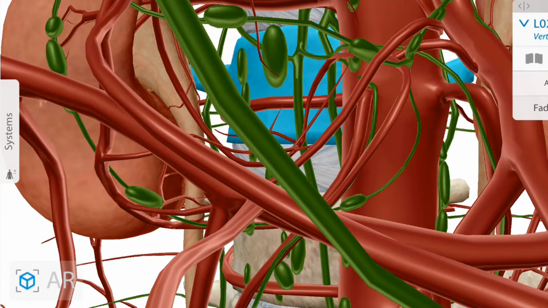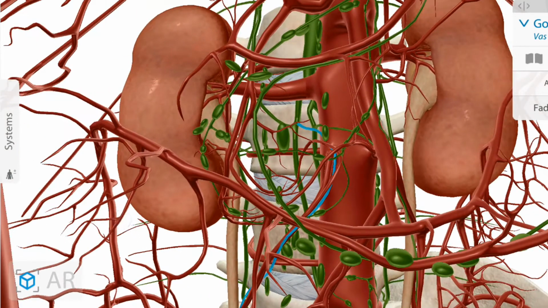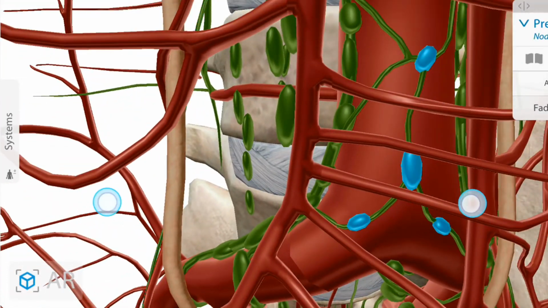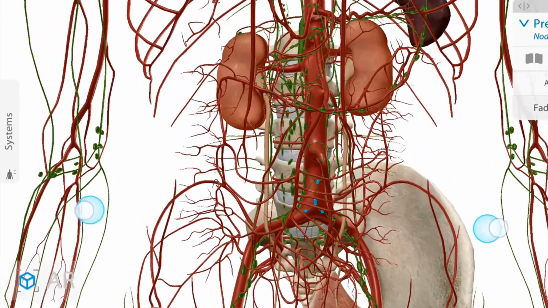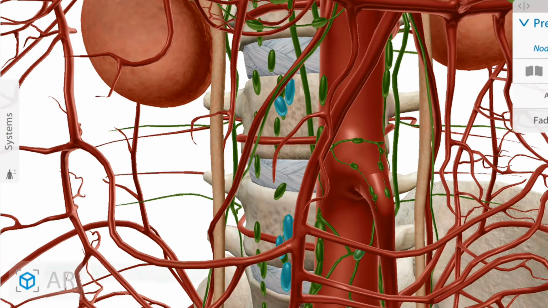This vertebra is the L2 vertebra, and this one is the gonadal lymph vessel. So it is draining into the pre-aortic and para-aortic lymph nodes. These are the pre-aortic lymph nodes, and these are the para-aortic lymph nodes.